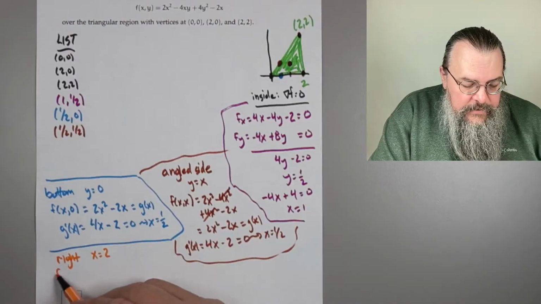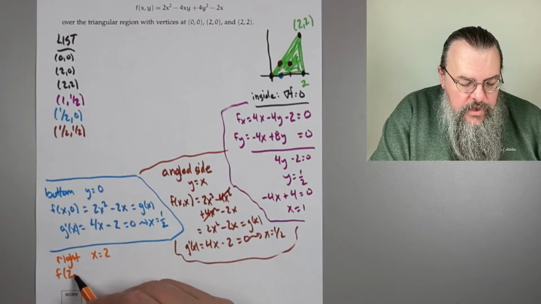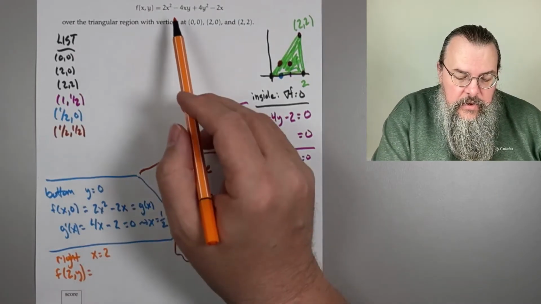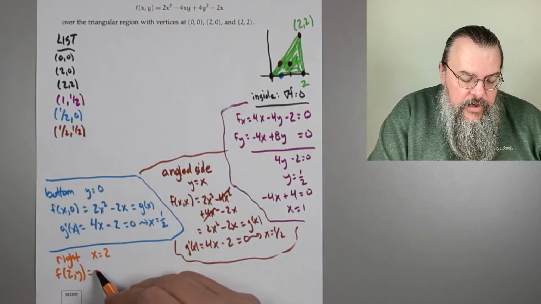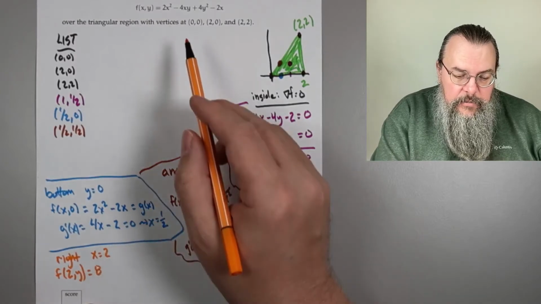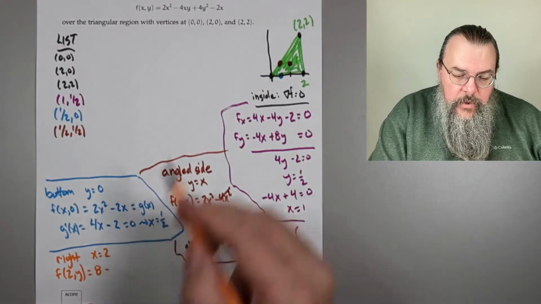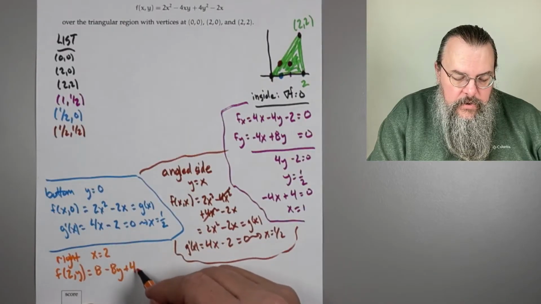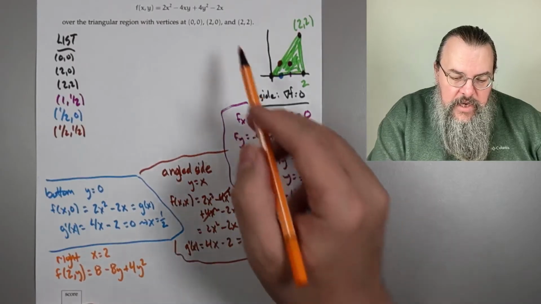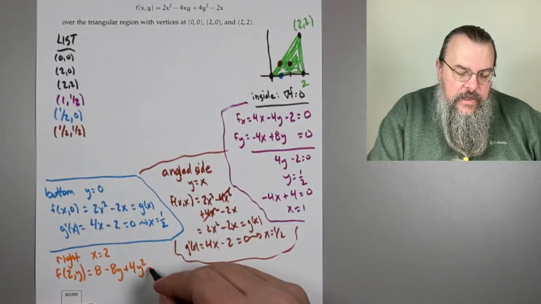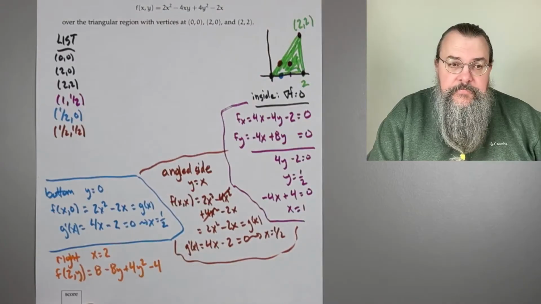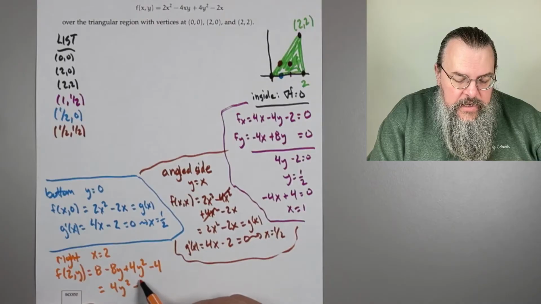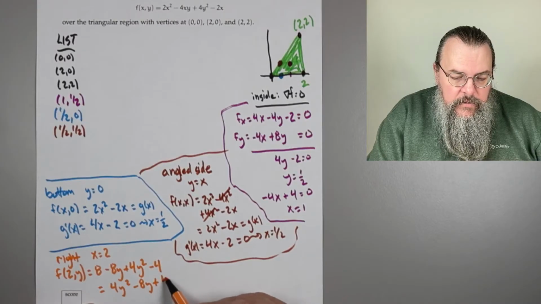So our f of 2 comma y looks like, okay, so that's 2 times 2 squared, which is 8, minus 4 times 2 times y, that's 8y, plus 4y squared, and then minus 2 times 2, that's a minus 4. Okay, so this is the same as 4y squared minus 8y plus 4.